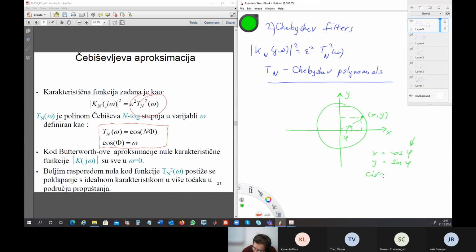This is circle, and phi is parameter. Okay, so if you change phi, phi can be, let's say, from minus 180 to plus 180, and then you have the whole circle. So this is called parametric presentation.